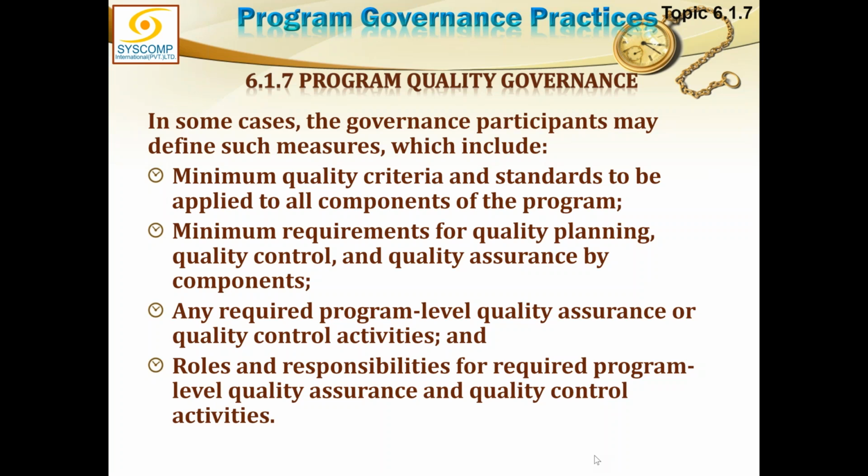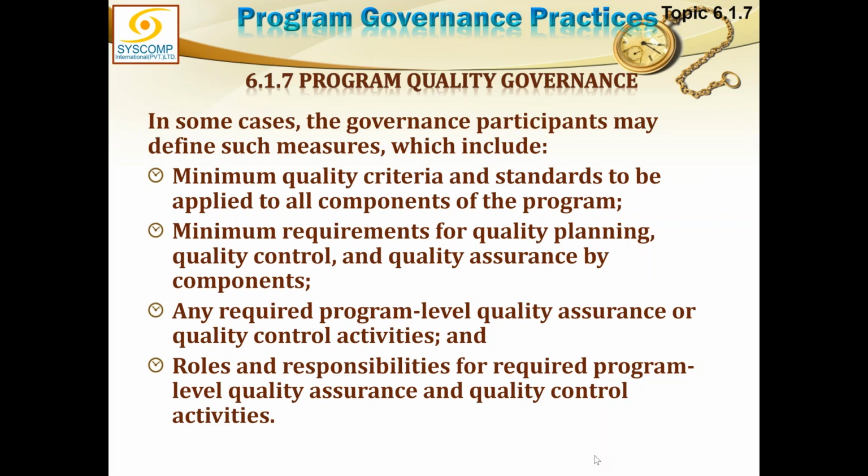So for that, roles and responsibilities for required program level quality assurance and quality control activities will be defined. You are not supposed, as I said many times earlier, to micromanage the projects or your components. Let them do their job.